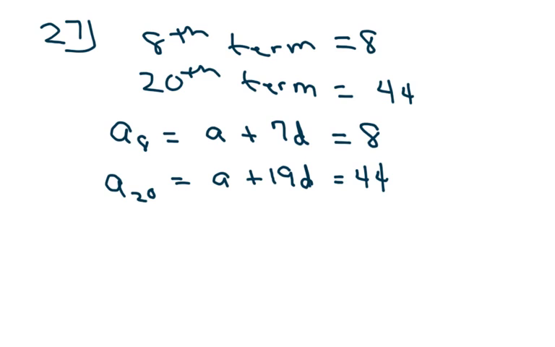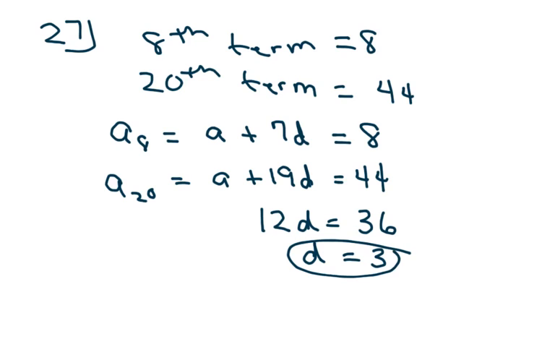Now, when we subtract the first equation from the second, we're going to get 12d equals 36. And so d equals 3. So your common difference equals 3.